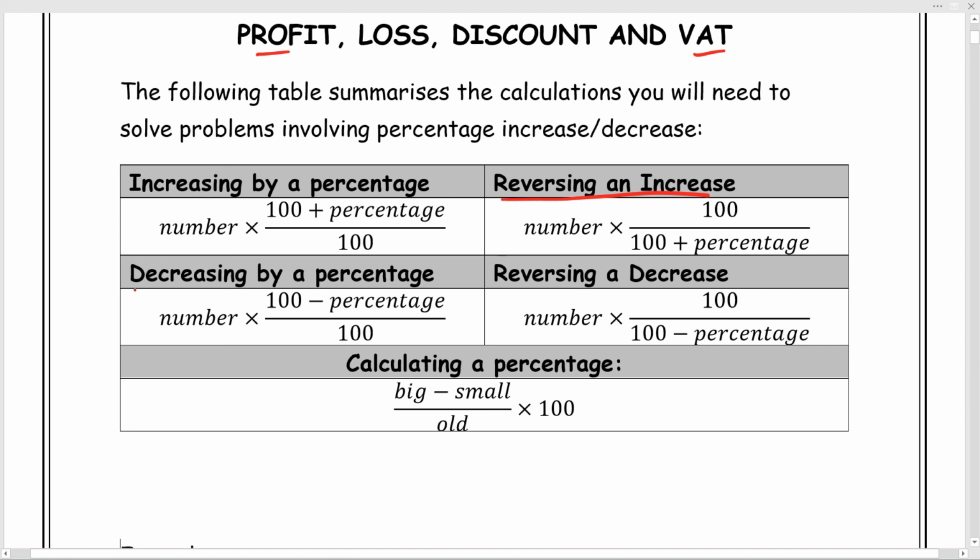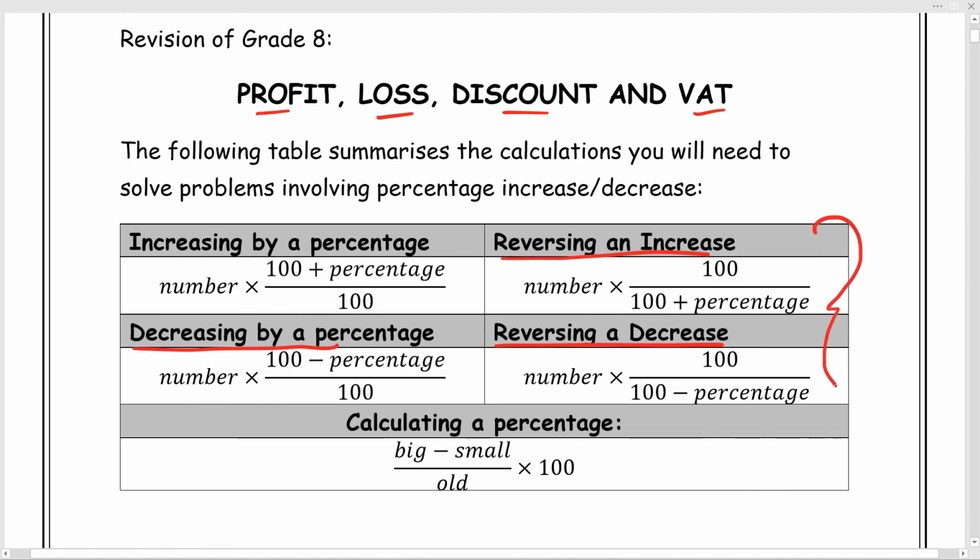When we are decreasing by a percentage, it will be because we are needing to calculate an amount after the loss has been taken off. Or it would be the amount after a discount has been taken off. But when we reverse a decrease, what we want to know is the amount before the loss was taken off, or the amount before the discount was taken off.